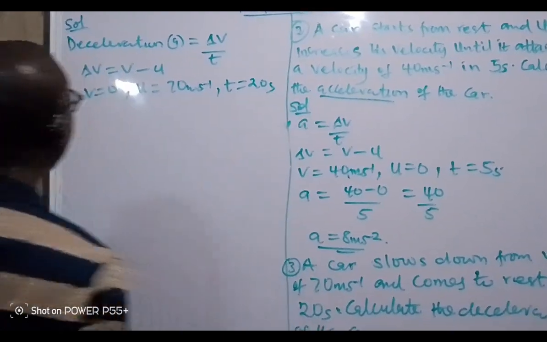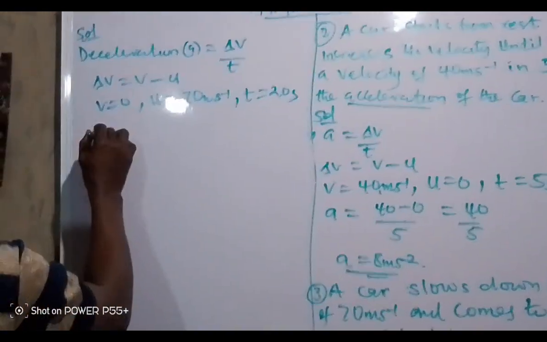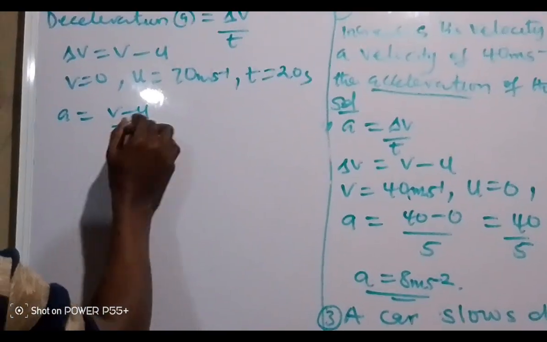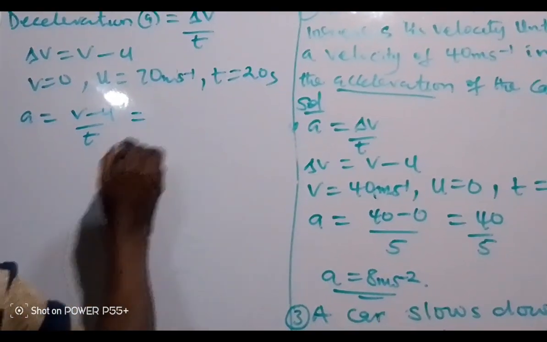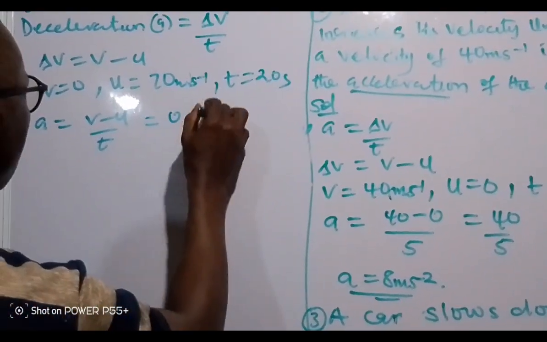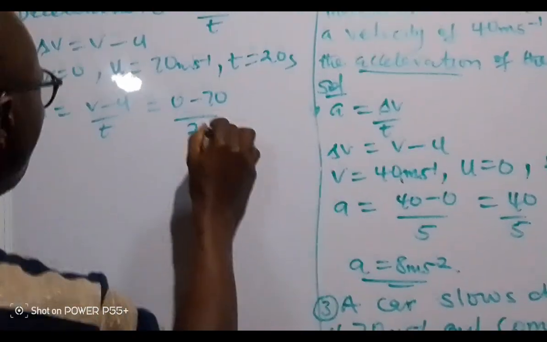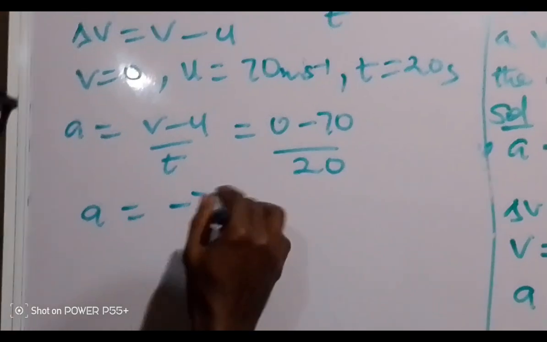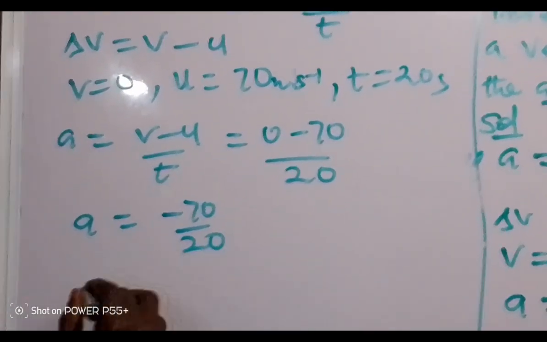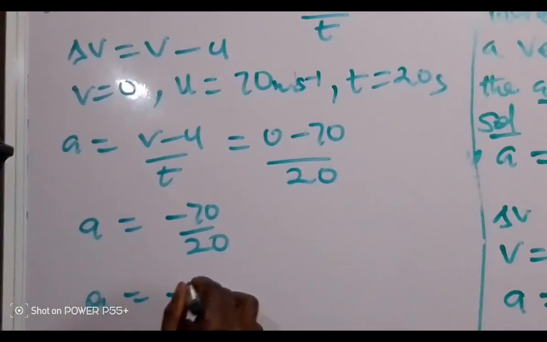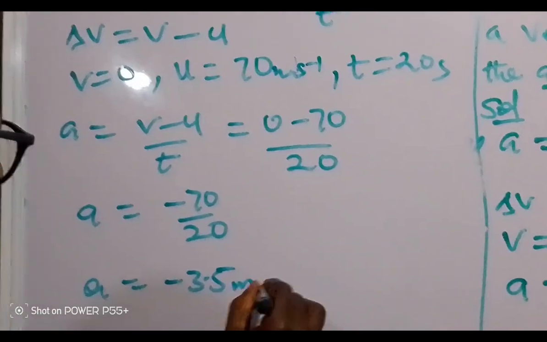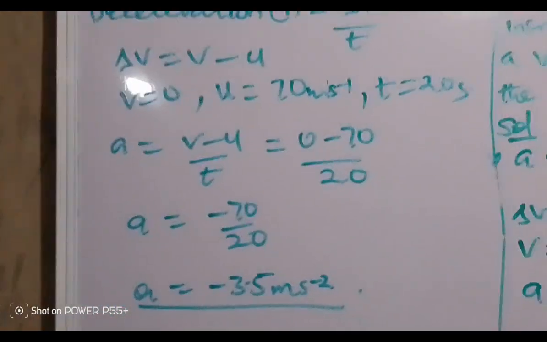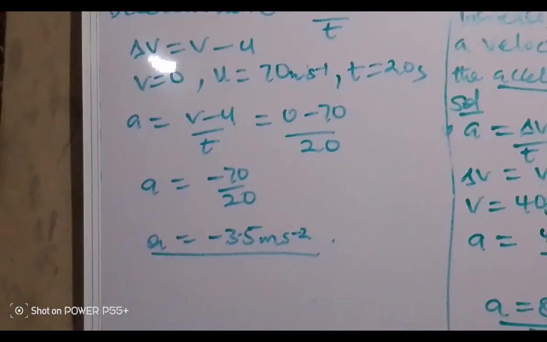Put all of this together: our A, which is deceleration, is equal to V minus U over T. Then it will give us 0 minus 70 over 20. The answer is equal to minus 3.5 meters per second squared. That is the deceleration of the car.